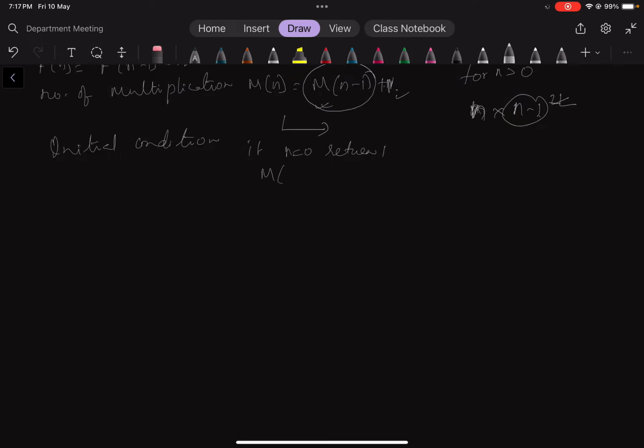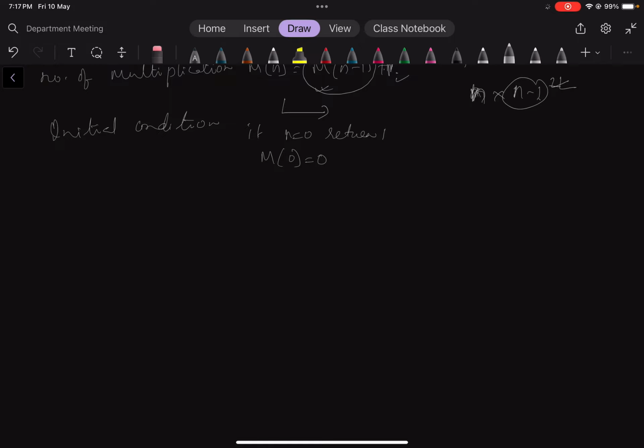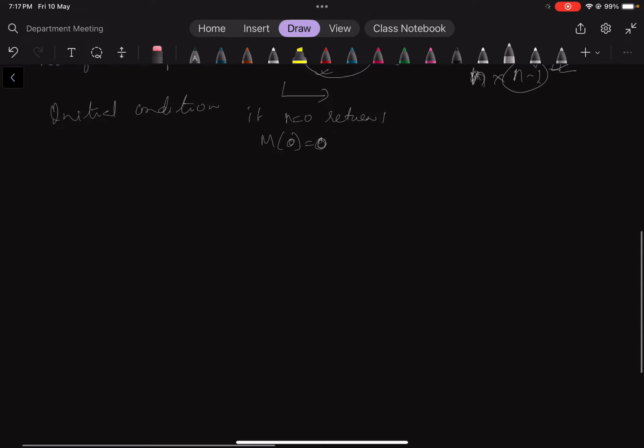So M of 0 is equal to 0, because if n is equal to 0, then 0 multiplications are needed. Then how do you write the recurrence relation and initial conditions together? The recurrence relation is M of n is equal to M of n minus 1 plus 1, and M of 0 is equal to 0.